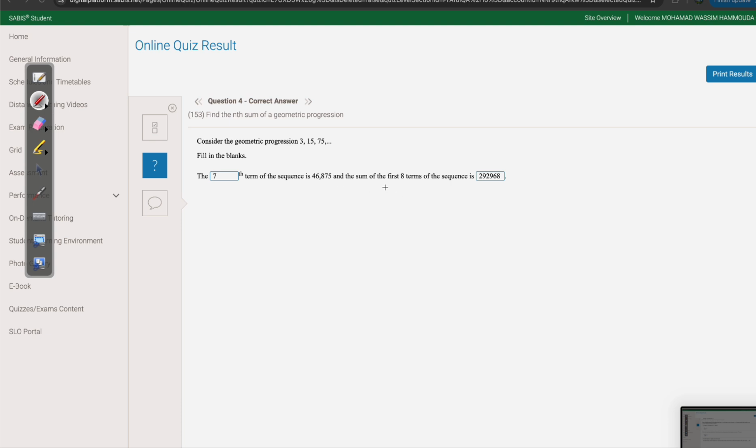The sum of the first 8 terms. So now you're gonna do the rule. The sum of a geometric progression is g1 times, again, 1 minus r to the power of n over 1 minus r. Simple as that.